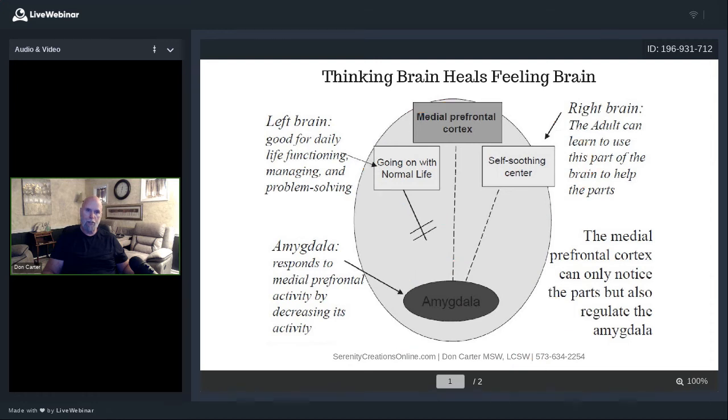And there's a lot of therapies that are geared towards doing that. Like CBT, for instance, is really good for this part. And when I challenge my limiting beliefs and thoughts, then my noticer, my observing part, can notice that and send that to the amygdala.